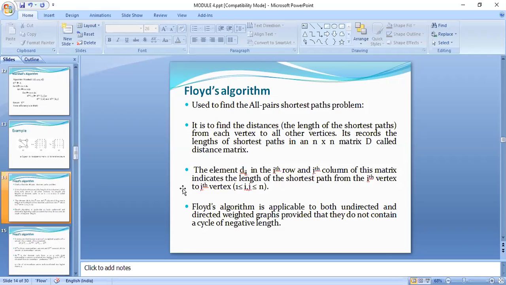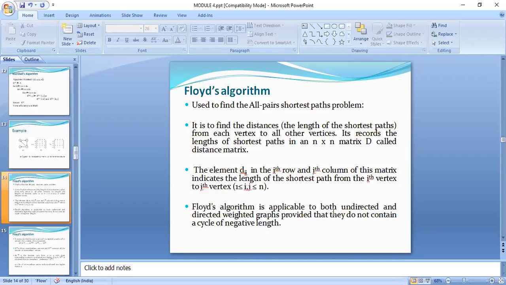When you say distance matrix, we will be taking a graph, which is a directed graph and a weighted graph. The element in the ith row and jth column of the matrix indicates the length of the shortest path from vertex i to j.